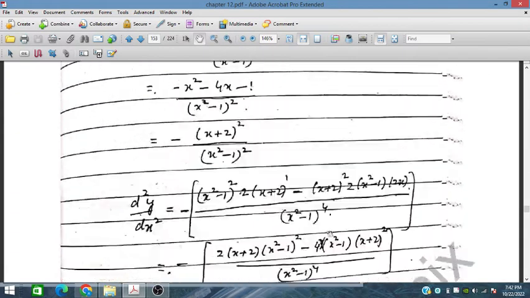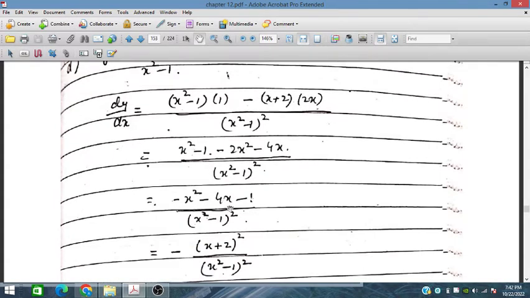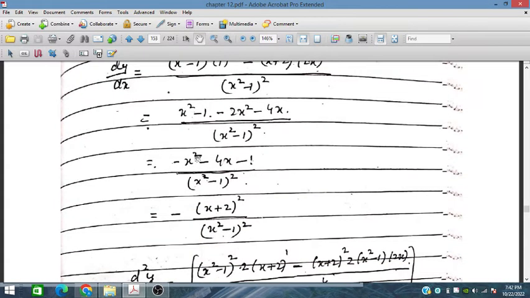Let's solve part D. So this is (x plus 2) over (x square minus 1). This is u, this is v. So v u dash minus u v dash, over v square. Simplify. We have obtained this.